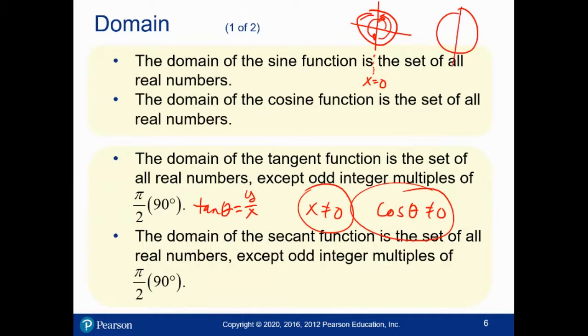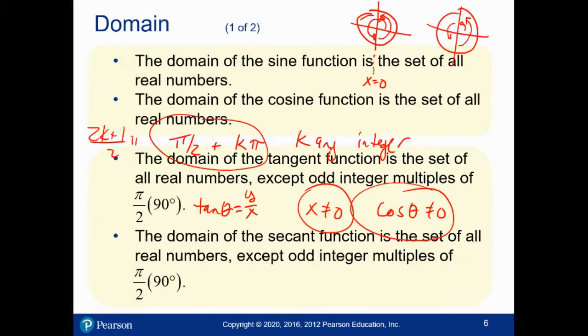Notice once I have hit the vertical line once, another pi will do it again, another pi will do it again. So a single pi over 2 plus any quantity of pi's is what will cause the cosine to be 0. And if you give this a common denominator, you'll end up with 2k plus 1 over 2 times pi.